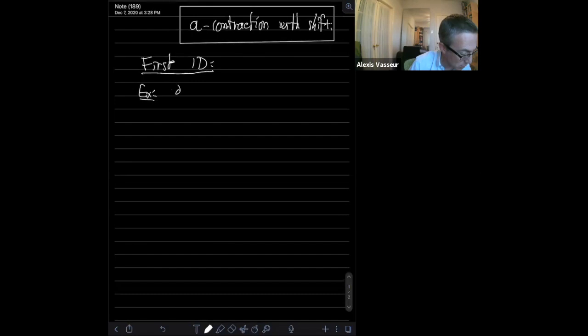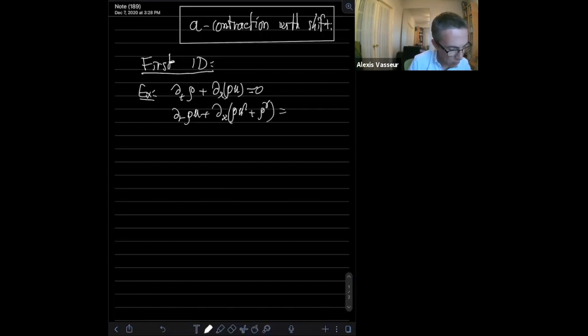It's 1D, so it will be dt rho plus dx of rho u equal to 0, and dt of rho u plus dx of rho u squared plus rho gamma equal to 0. This is the simple Euler gamma law system. It includes especially the shallow water equation if you take gamma equal 2.